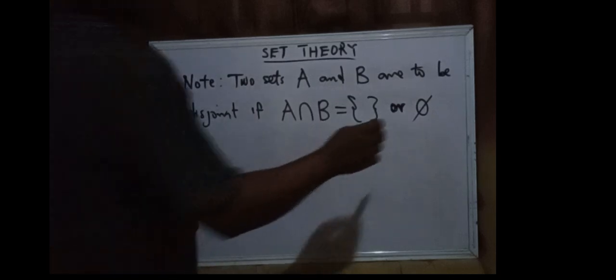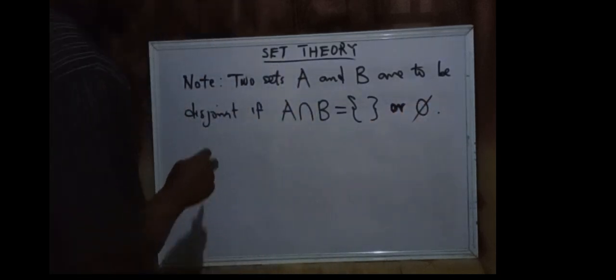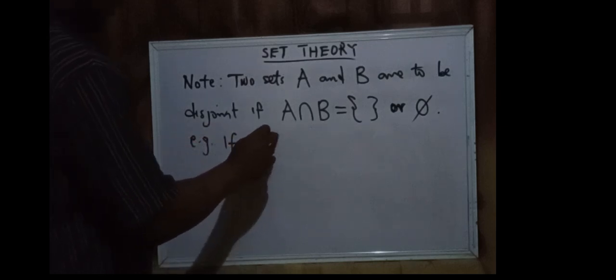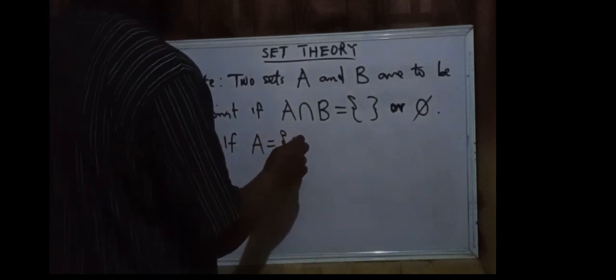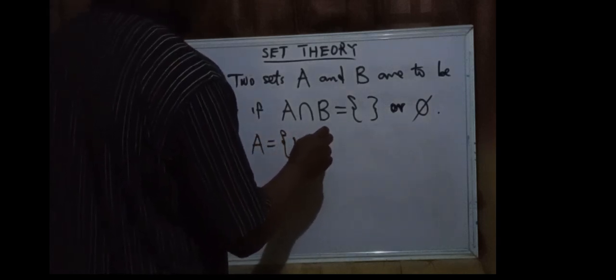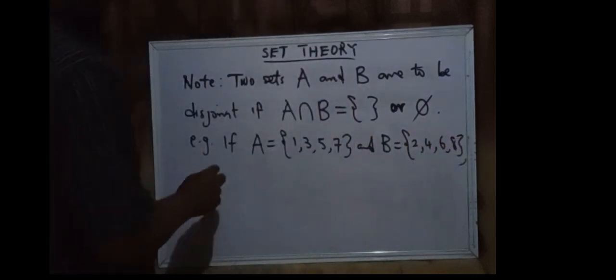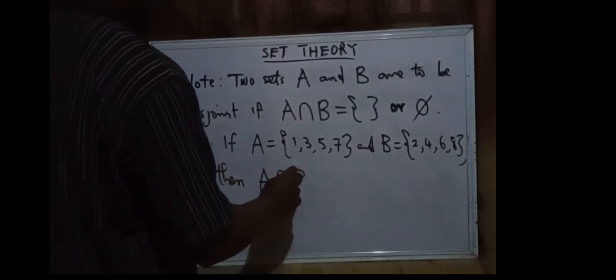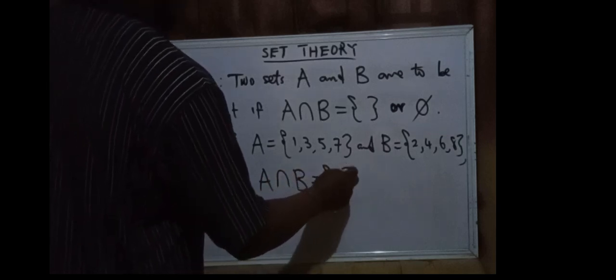Let's see an example of this. For example, if you are given A to be the set of odd numbers and B is a set of even numbers from 2 to 8, then A intersection B has nothing in common.